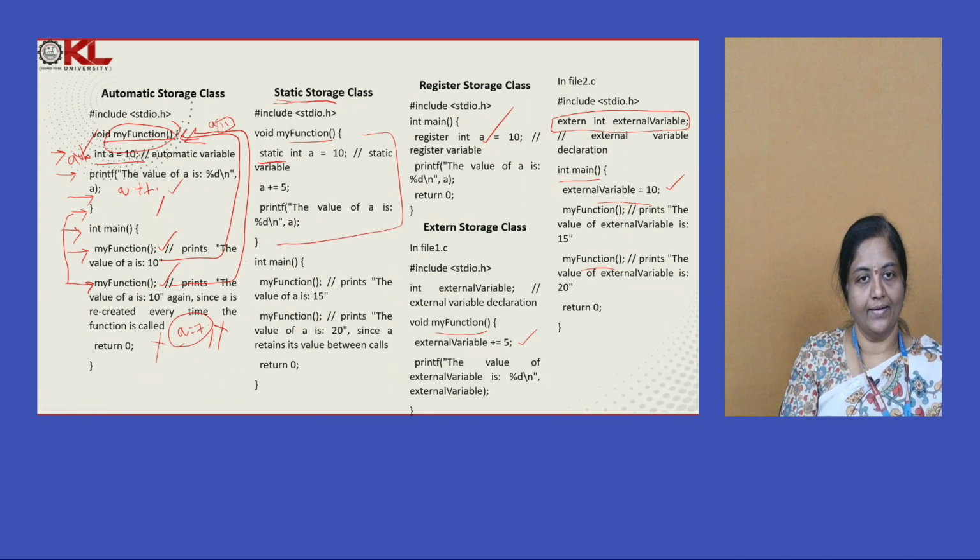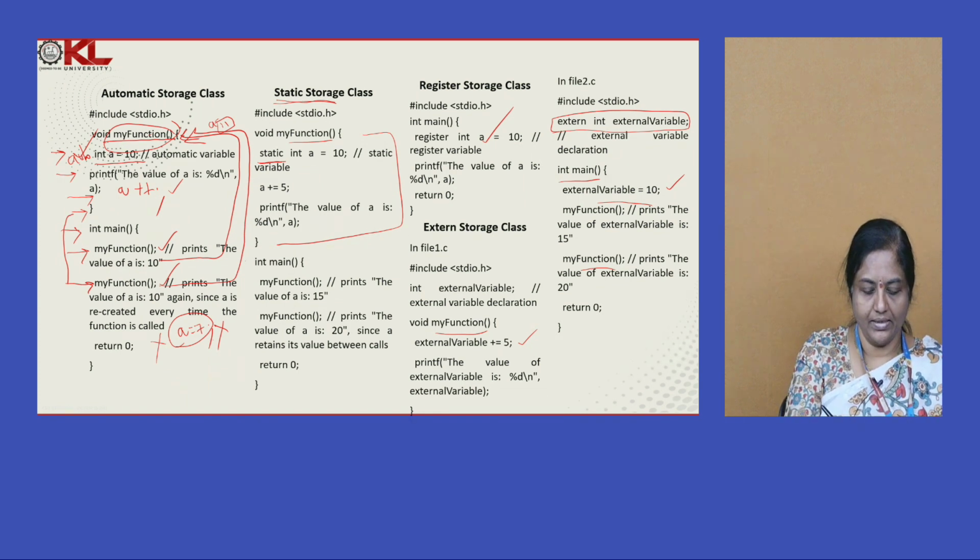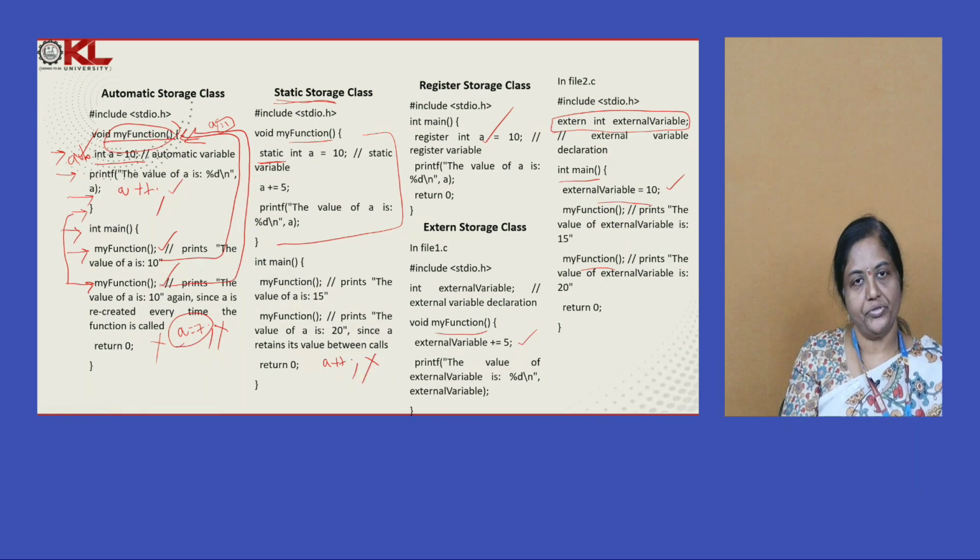It cannot be accessed outside main, outside my function. I cannot access A here. If I write A plus plus, it's a mistake. Same as your auto and register. But the beauty here is it stores its value even though it is out of scope.